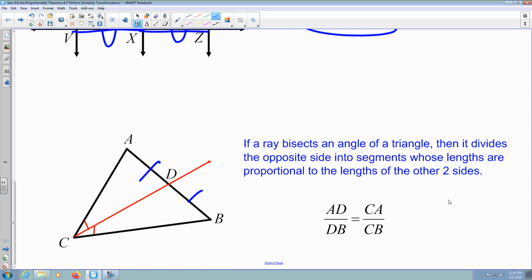So it's the two lines that are intersected, is equal to, in this case, CA and CB. All right, they're not congruent. Probably shouldn't have written that way. So it would be like this over this is equal to this over that. So if you notice that AD and CA are on the same side of that bisected ray, and DB and CB are on the other side of the bisected ray. So keep that in mind.